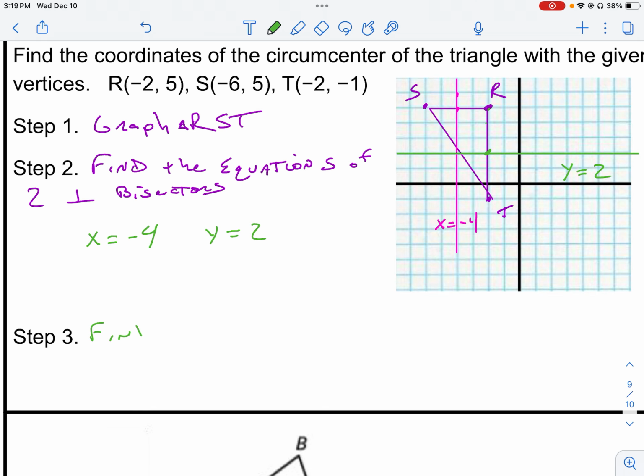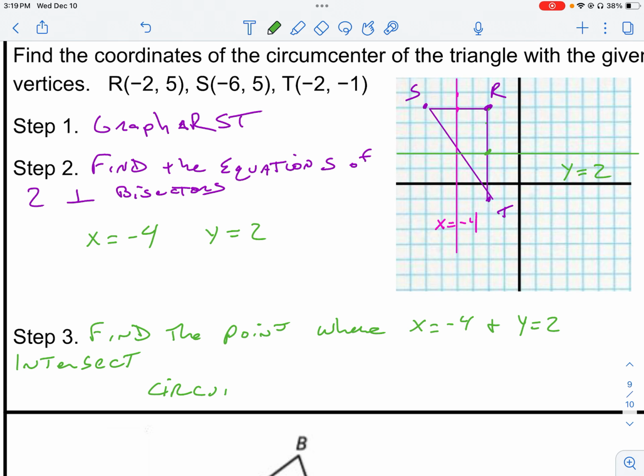And then we're going to find the point where x equals -4 and y equals 2 intersect. So the circumcenter is -4, 2, right there on that spot.